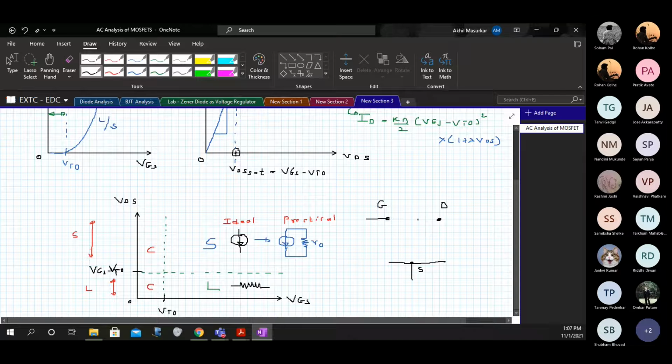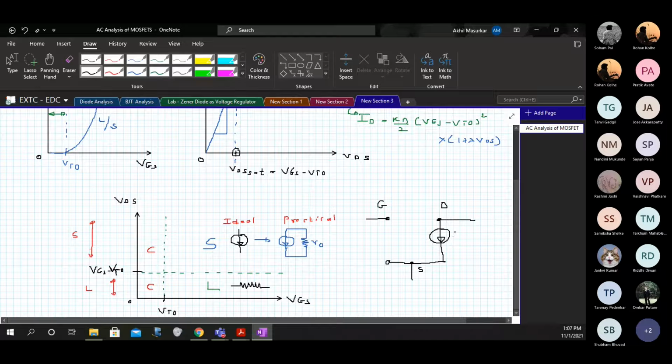So gate drain is open circuit, gate source is open circuit. Why? Because there is an oxide layer between gate and drain and source. But between drain and source, VDS, we can show a current source, because if the MOSFET is in the saturation region of operation, then there is going to be a current source. So this is basically the model of the transistor.